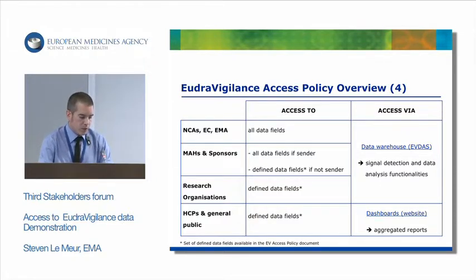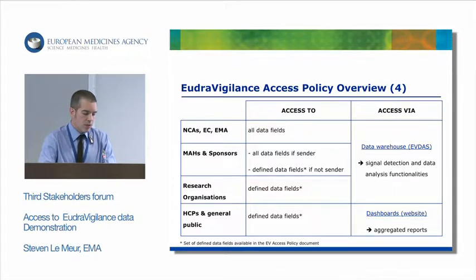If we now look at the next stakeholder group made of MAHs and sponsors, they will have access to all the data fields if they are the sender of that specific safety information. If they're not the sender, they will have access to a defined set of data elements, which are defined in the access policy document.